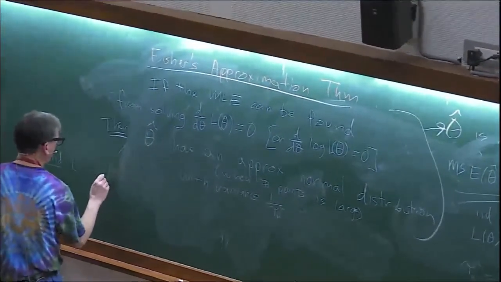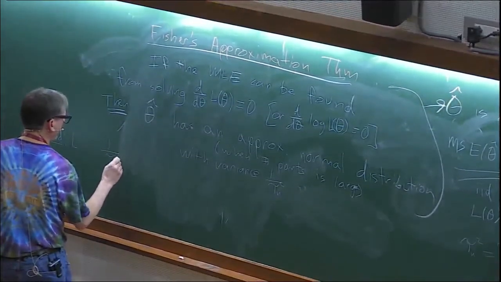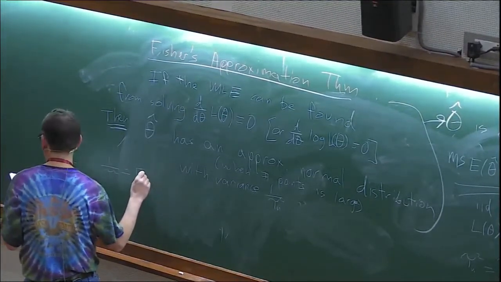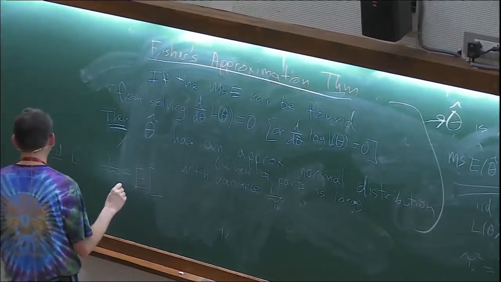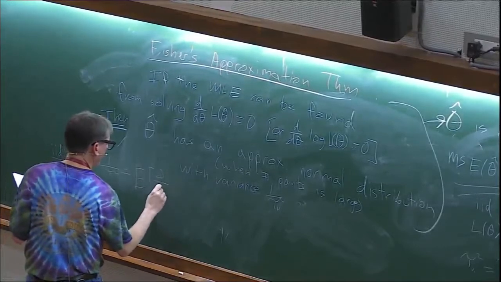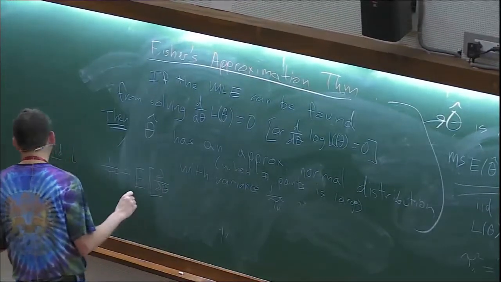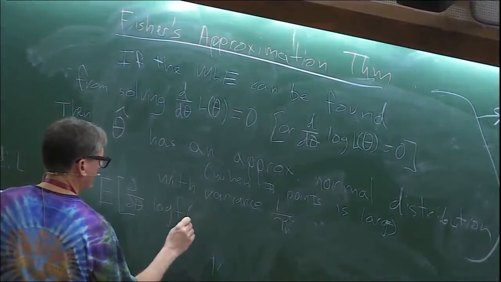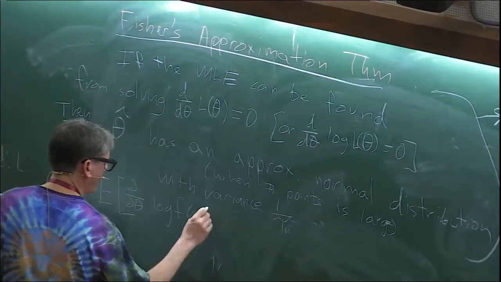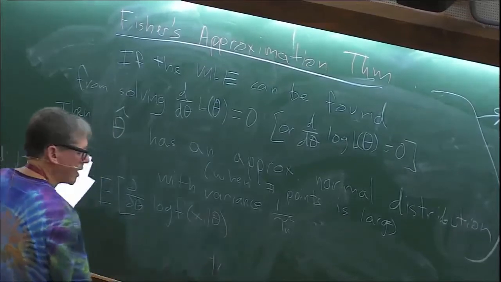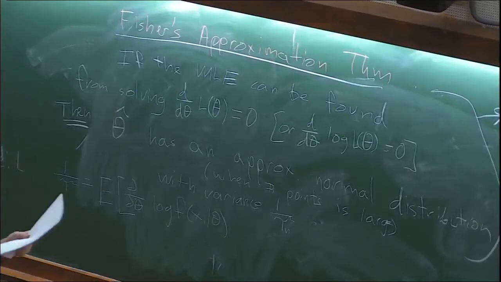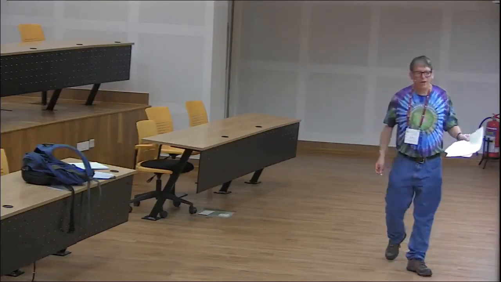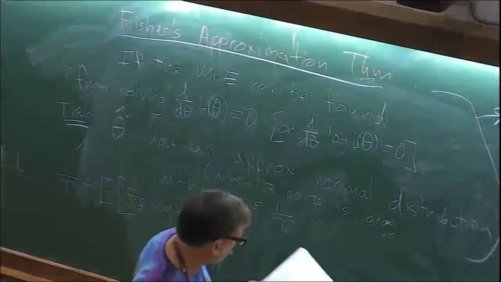So 1 over tau squared is equal to the expectation of the partial derivative with respect to theta of the log of f of x1 given theta, because without loss of generality, if the data is independently and identically distributed, if you work this out for 1 point, you can work it out for n points just by dividing tau squared by n.